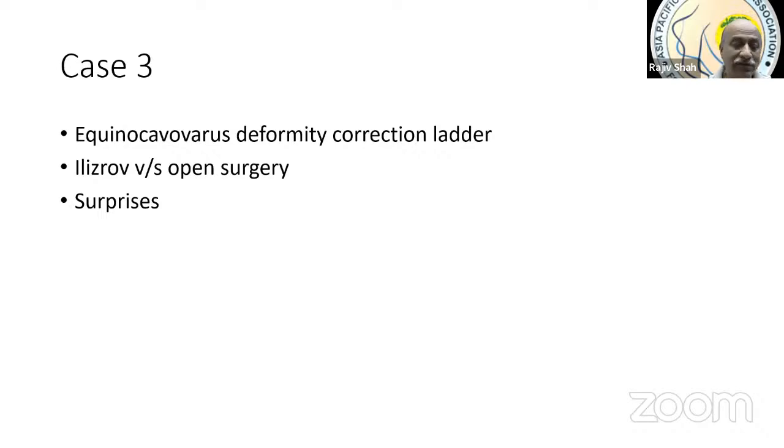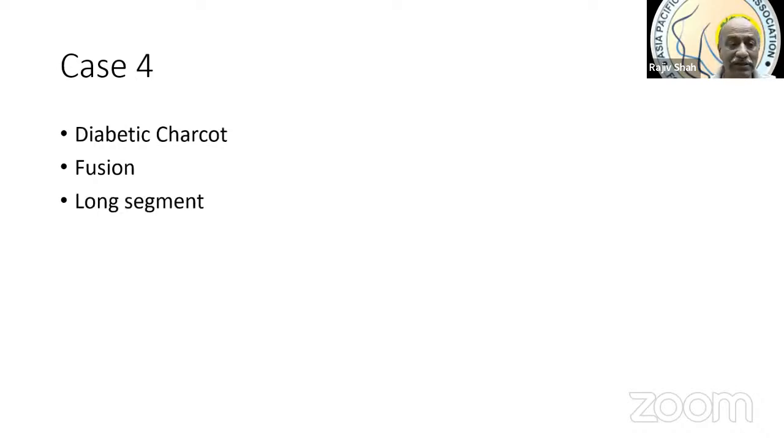But to his surprise, and to my surprise, he could correct the deformity completely and get out by doing a tibio-talocalcaneal fusion and adding a talonavicular fusion. So he could get out by doing a pantalar fusion without any shortening. So that was case number 3.